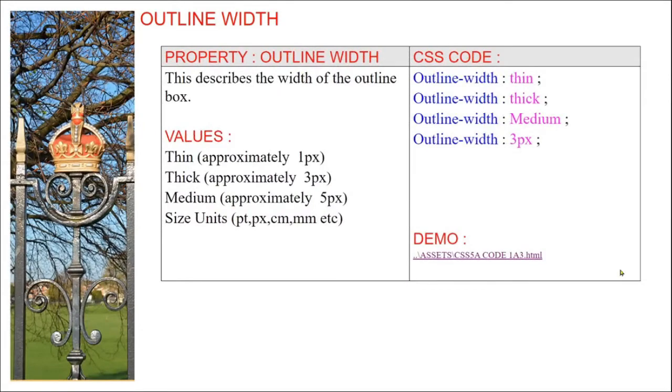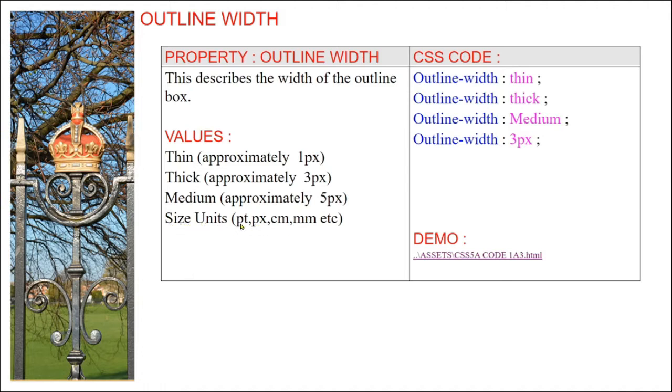Okay, moving on to outline width. Now, this describes the width of the outline box, so how wide the outline box is. And the values that we can use for this are thin, which is approximately 1 pixel, thick, which is approximately 3 pixels, medium, which is approximately 5 pixels, and the sizing can be in different units.